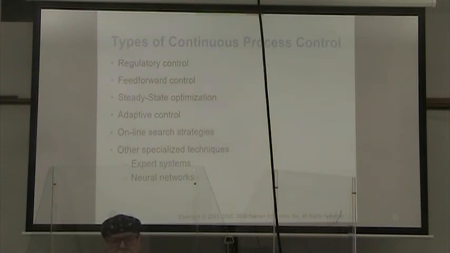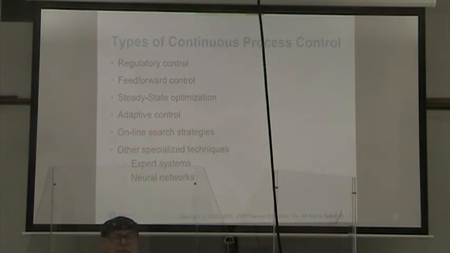So, continuous process control: regulatory control, feed forward control, steady state optimization, adaptive control, online search strategies.